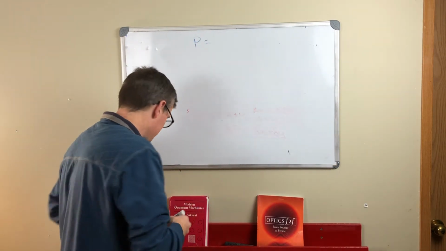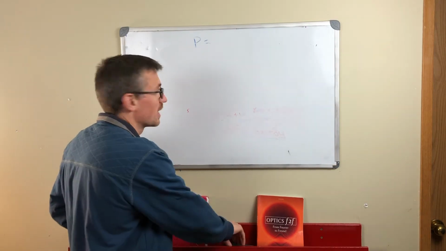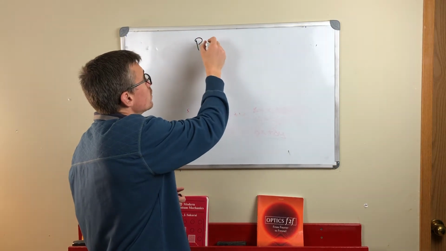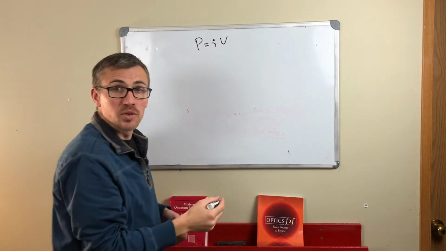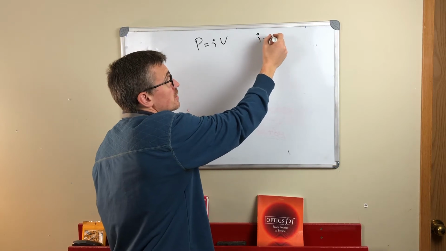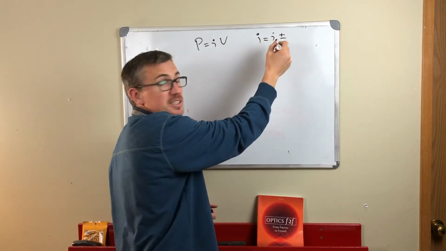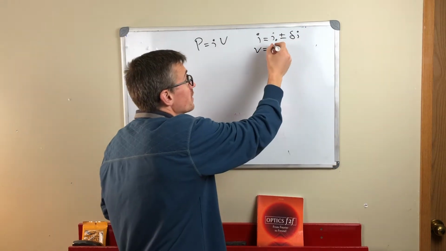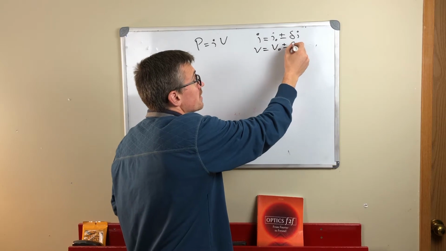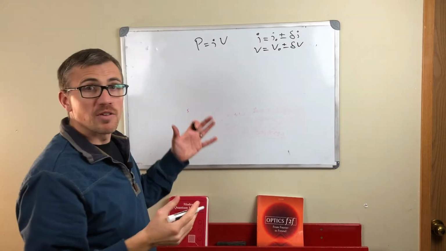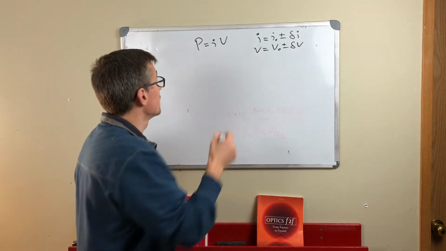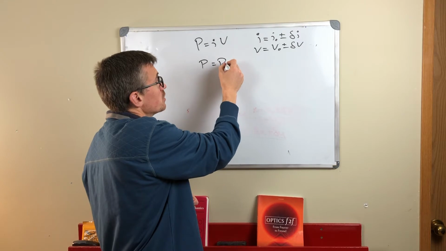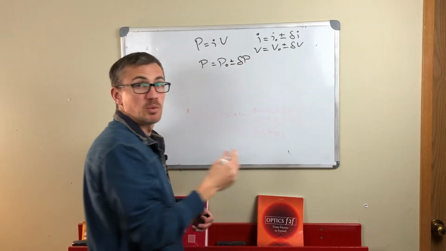Another example, let's say we have power, which is the product of current times voltage, and we know that I is equal to I naught plus or minus delta I. V is equal to V naught plus or minus delta V. And we want to find out our power as well as its uncertainty, right? So we want power equals P naught plus or minus delta P. What is that delta P?